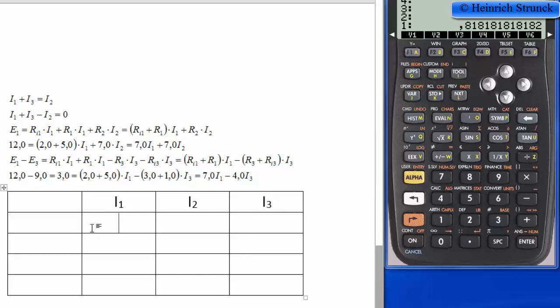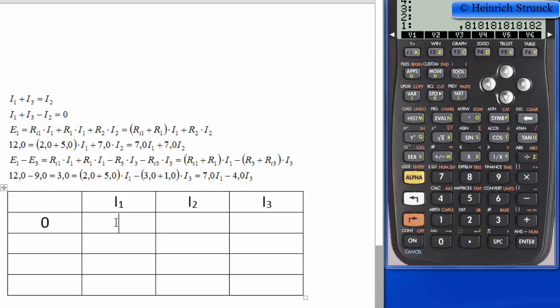Here we have the numbers for the current, and here we have the result. The first line said that if we take 1 I1, 1 I3 and negative 1 I2, we get 0. So we have to put in 0 out here, that's the result.